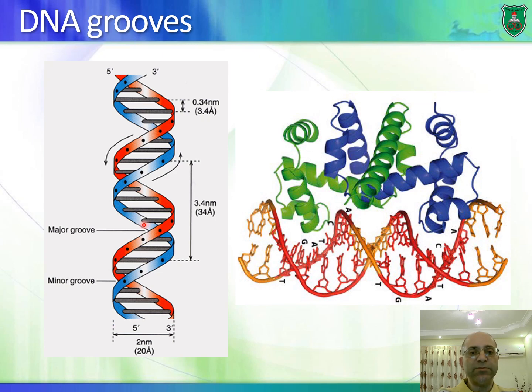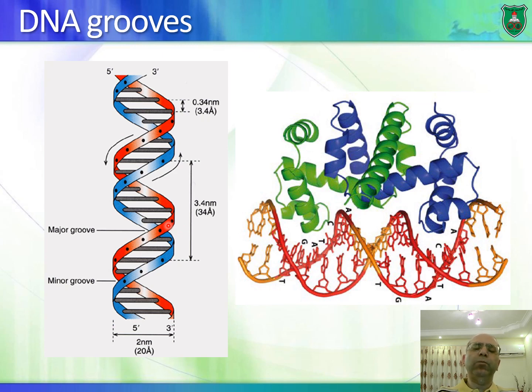Notice the space in the major groove is larger than the minor groove. And they alternate: minor groove, major groove, minor groove, major groove, and so on. Opposite to a minor groove, you have a major groove, and opposite to a major groove, you have a minor groove.